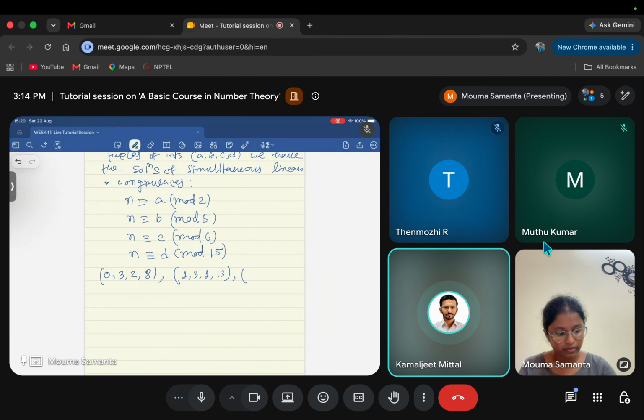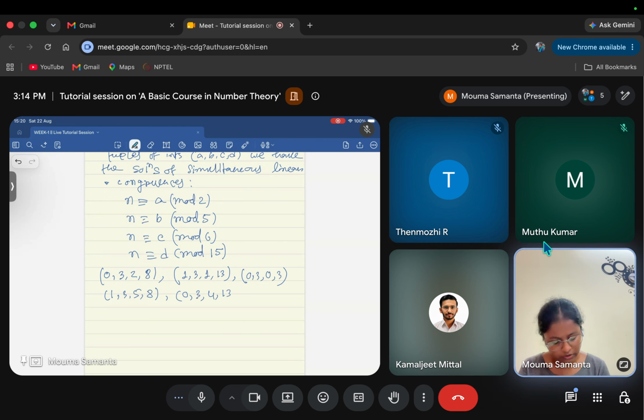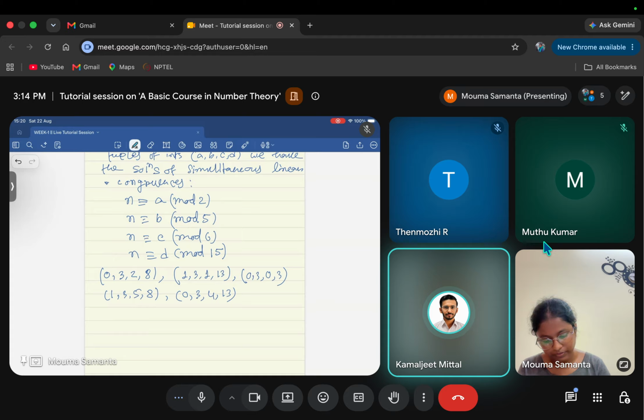The third one is 0, 3, 0, 3. The fourth is 1, 3, 5, 8. The fifth one is 0, 3, 4, 13. And the last one is 1, 2, 3, 3.